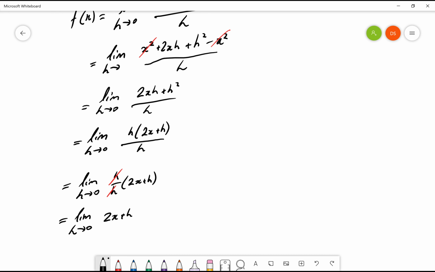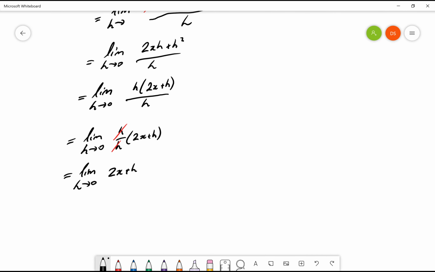What happens when h is 0 in this equation? Does anything bad happen? No. If h is 0, nothing bad happens. So, I substitute h equals 0 into this.